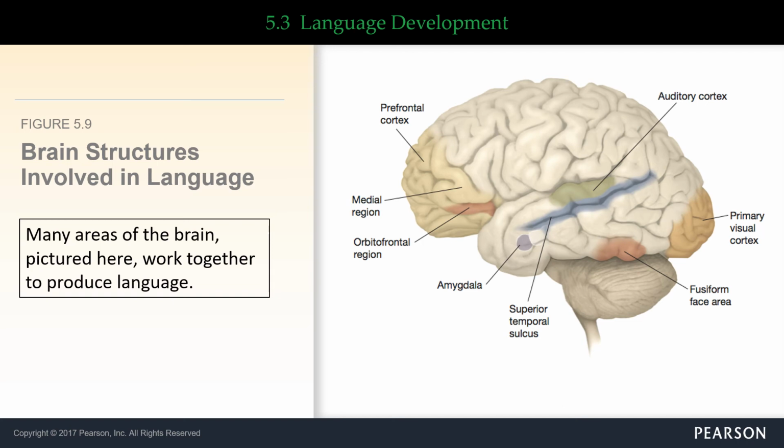Then we have the amygdala, which helps with emotions. And if we go way up to the top, the prefrontal cortex, that's the problem solving and decision making area of the brain. So these all work together with receptive and expressive language.